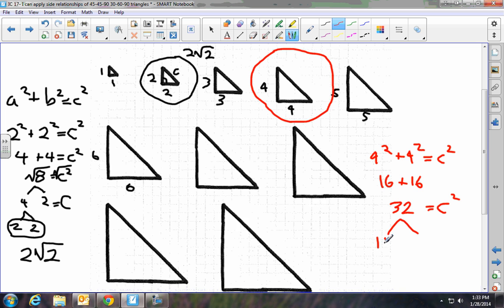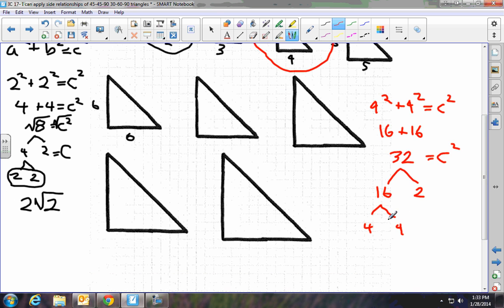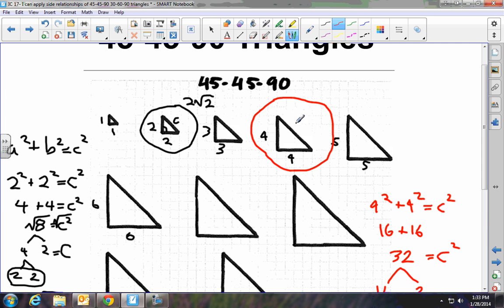I like 16 and 2. So we can break 16 up into 4 and 4. And even though 4 will break up, those are already a pair, so we can just stop here and save ourselves a little work. And we're left with a pair of 4s, which go on the outside, and radical 2 stays on the inside. So then we just figured out that this long side here is 4 radical 2.